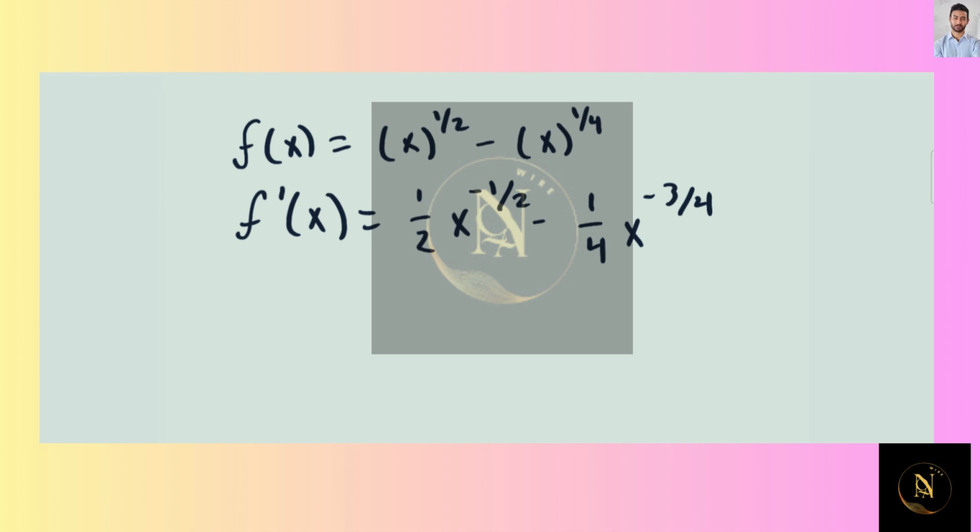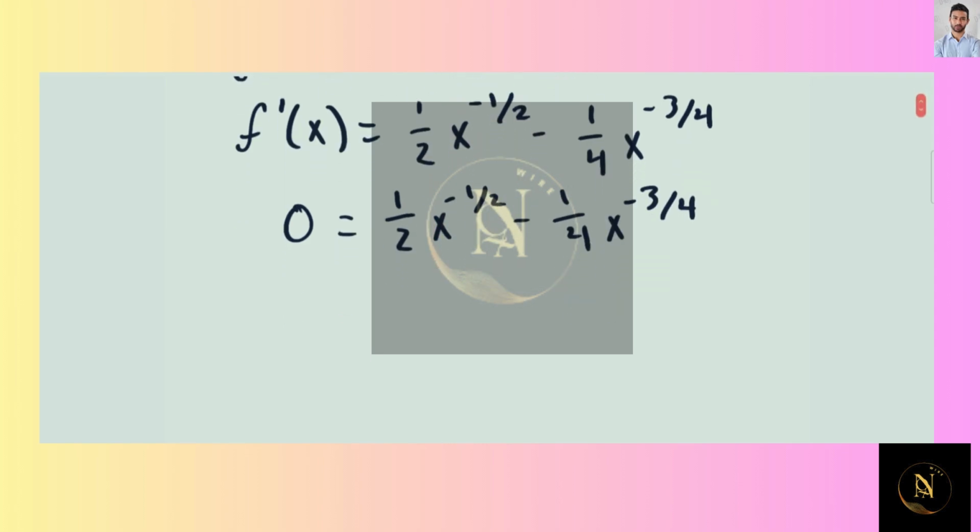Now what we want to do is set this equal to 0 and solve for x. So if we let 0 equal 1/2 x to the negative 1/2 minus 1/4 x to the negative 3/4, we can first add 1/4 x to the negative 3/4 to the other side.